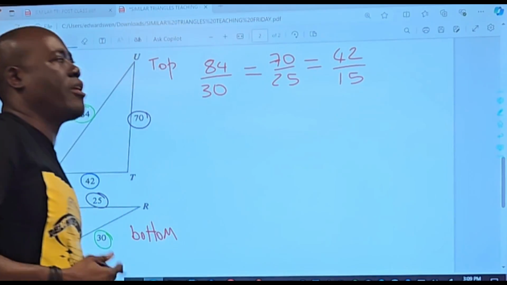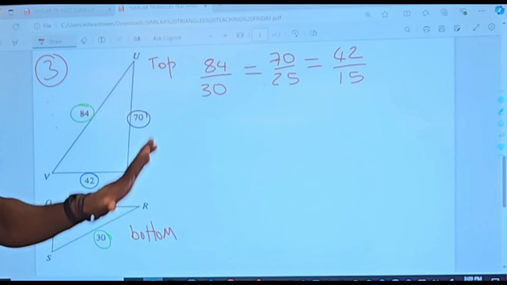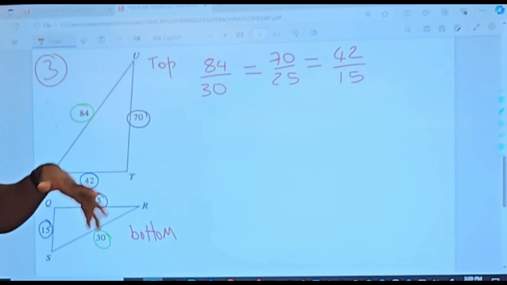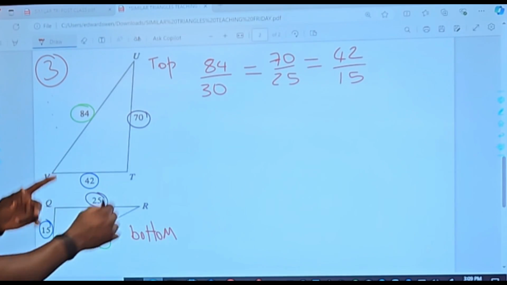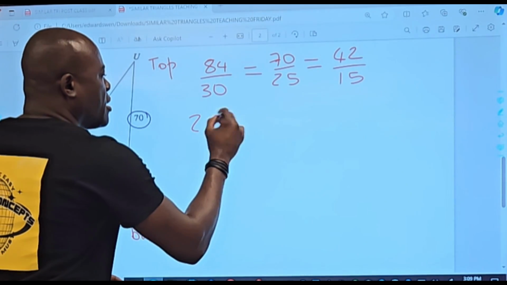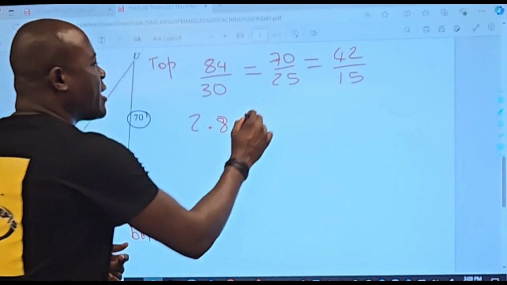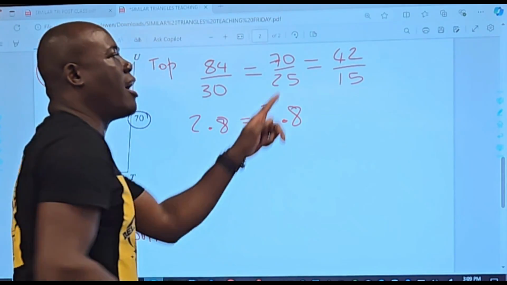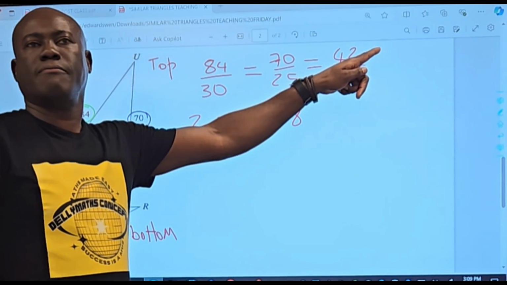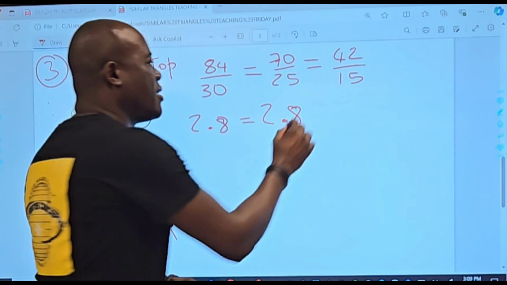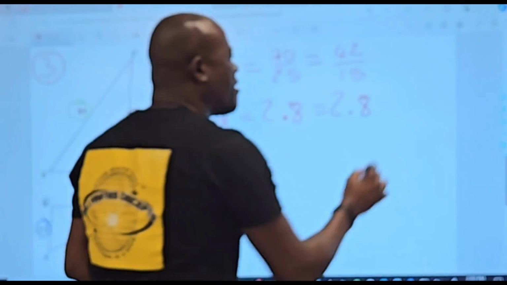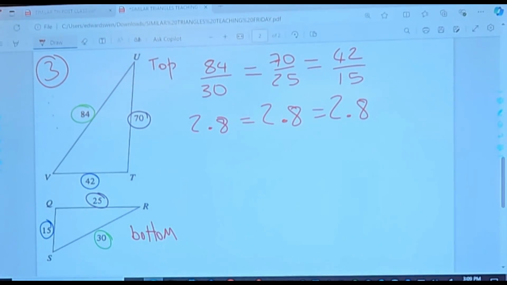Now take your phones or your calculator out and give me decimals for this right now. All right, so this is 2.8. Let me see what we got for this now. 2.8 again. Let me see what we got for this one too. 2.8. So we are seeing here that this is very unique.